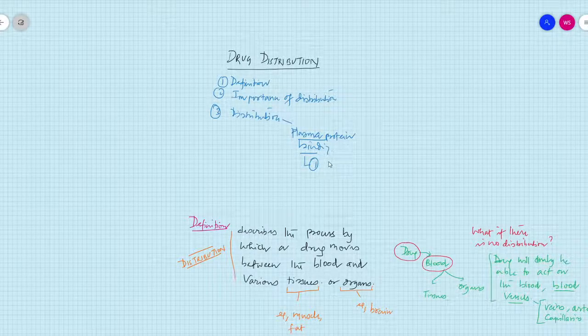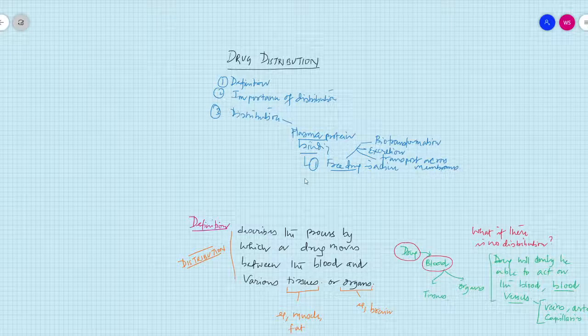The first consequence was that only the free drug is active, and it's only the free drug that is available for biotransformation, excretion, and transport across membranes. And what was the second consequence?